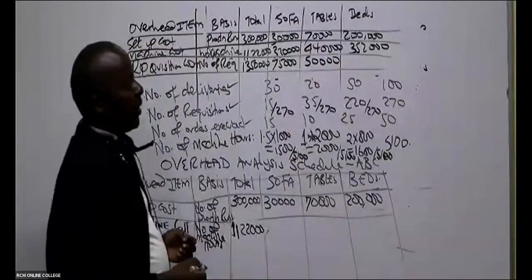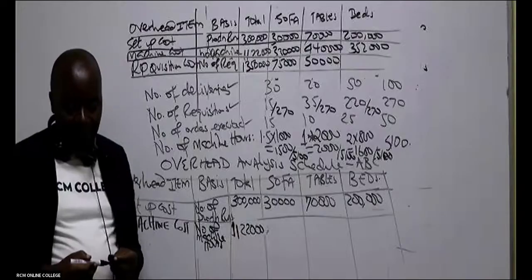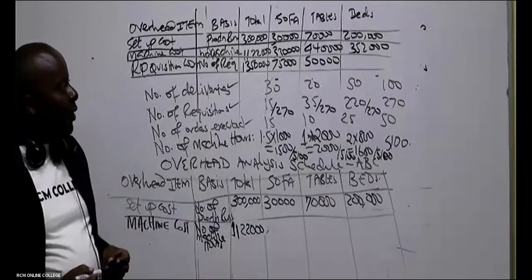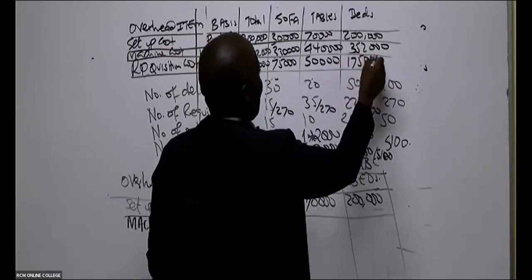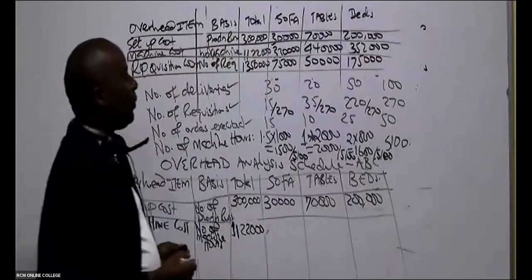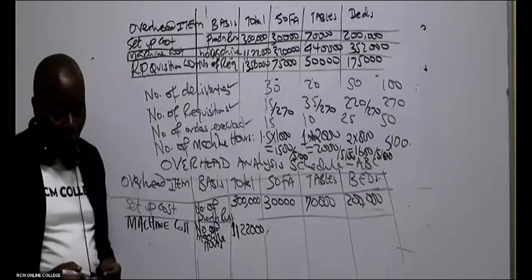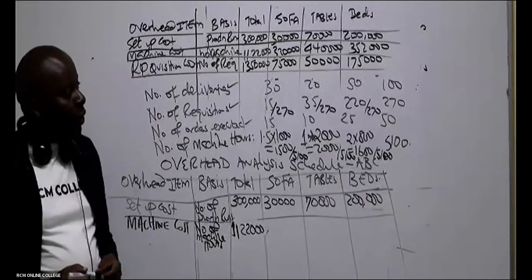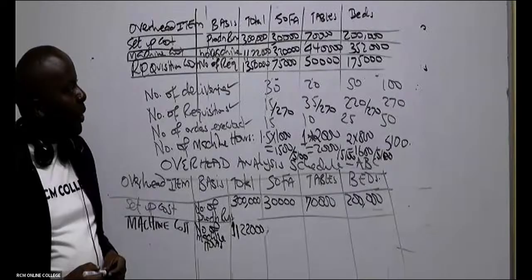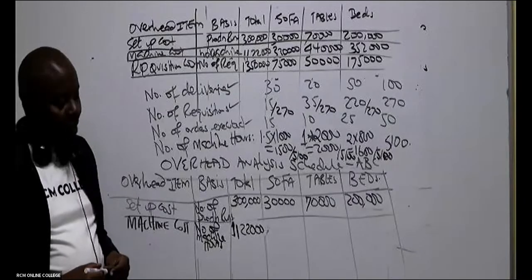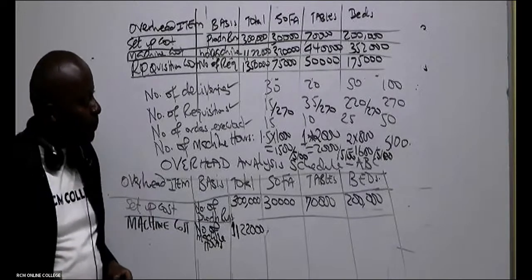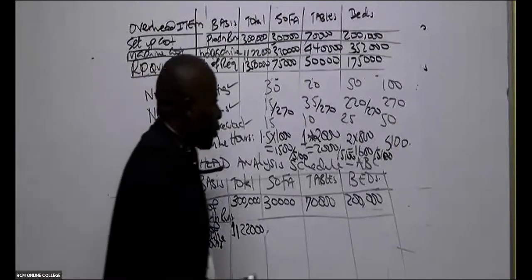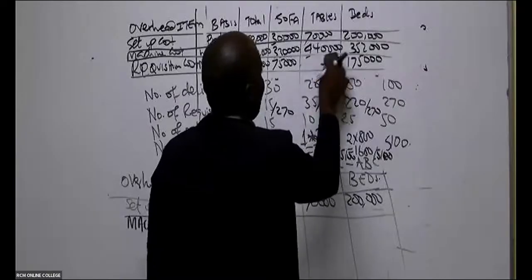All right. And then the last one, beds, will be 175,000. Thank you so much. And then we take on the next one. Oh, tables is supposed to be 175,000.